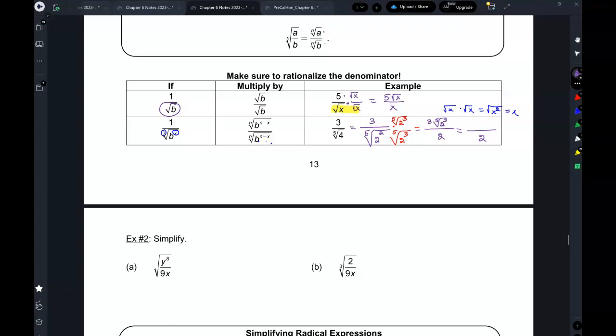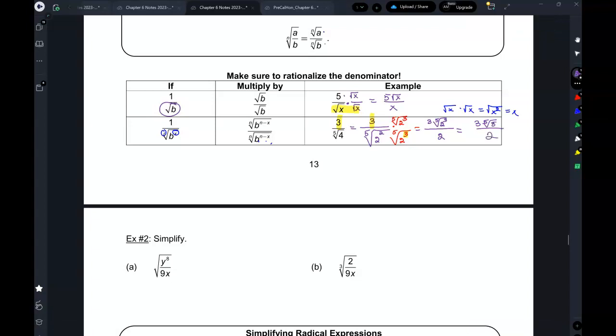The red 3, the one above the 2, because there was already a 3 here from the beginning. Well, I have 2 2's in here. I need a total of 5, so if I have 2, I need to put in 3 more to make it 5. But we still have to finish it. Correct. That's why we did that minus that. So in simpler form, this is 3 times the 5th root of 8 over 2.